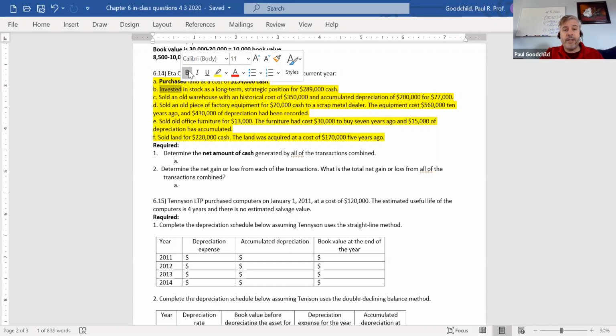This one says invested in stock as a long-term position for $289,000 cash. And says sold an old warehouse for $77,000. So I'm going to assume in this case that this is cash.